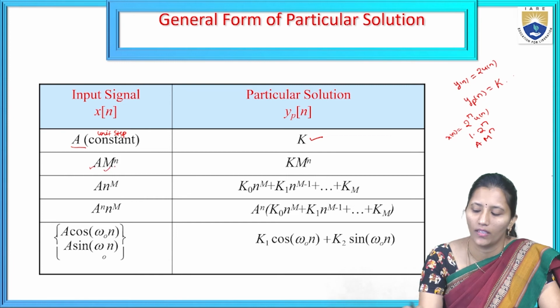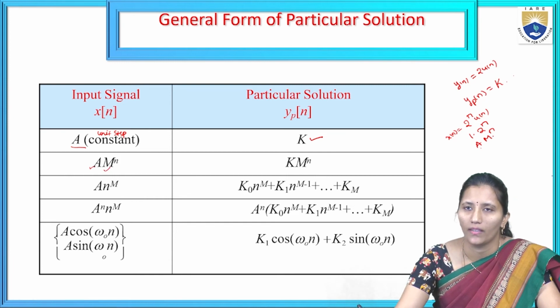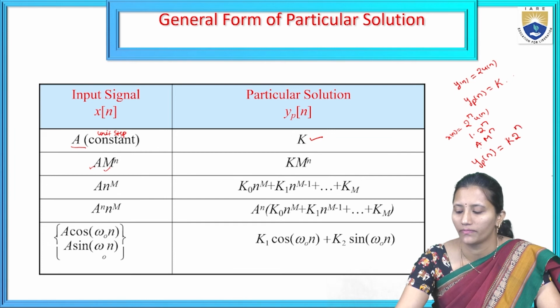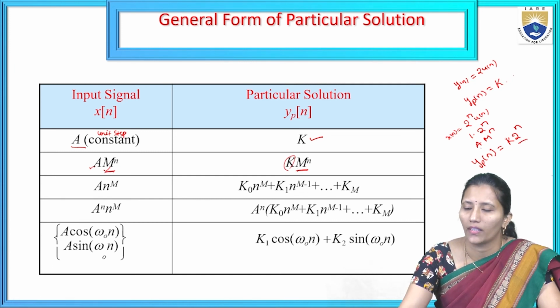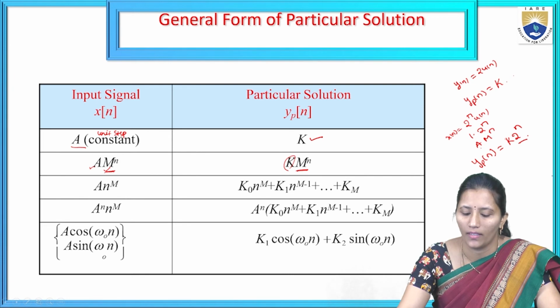Both are constant here. So a into m power n, then the particular solution we can write as yp of n is equal to k into 2 power n, that is k into m power n. Okay, so k is constant, and m power n we have here in the input, that we have to write here: k into 2 power n.